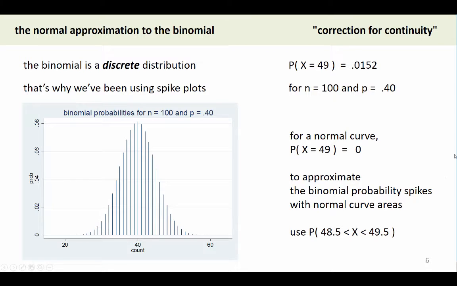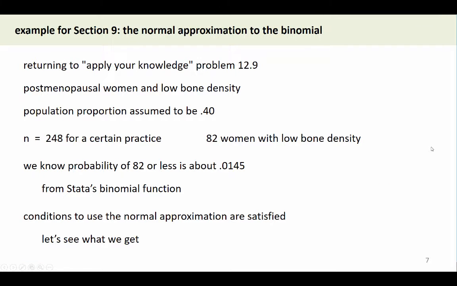So here's an example that we're going to look at. We actually took a look at this earlier in week 2 when we were talking about binomial probabilities. This is an exercise from Baldi and Moore that looks at post-menopausal women and low bone density.